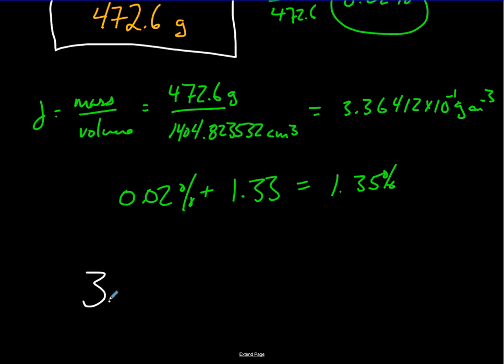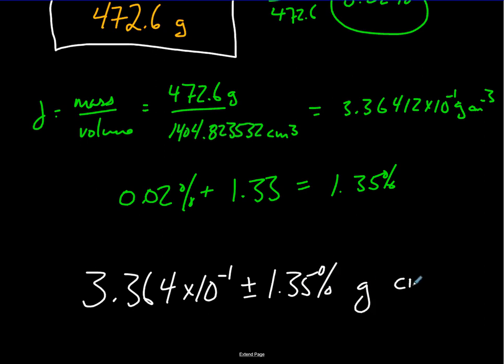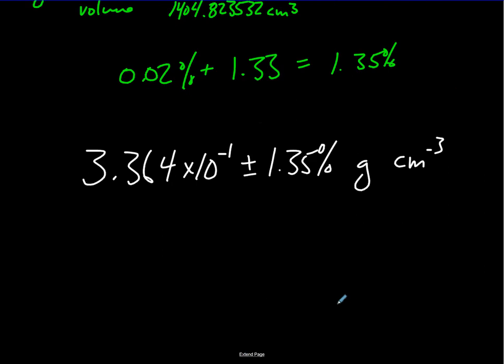We could write this as 3.364 times 10 to the negative 1 plus or minus 1.35% grams per cubic centimeter. Okay, so far so good. And then you can change that to the absolute value. So in terms of absolute value, it should look like that.